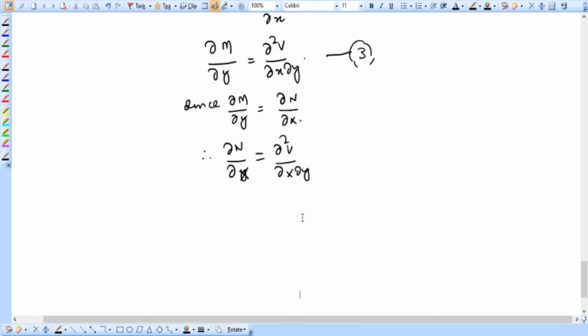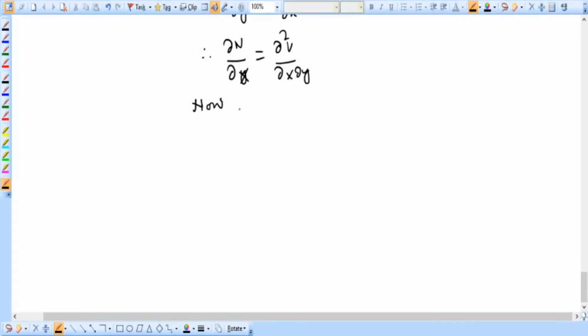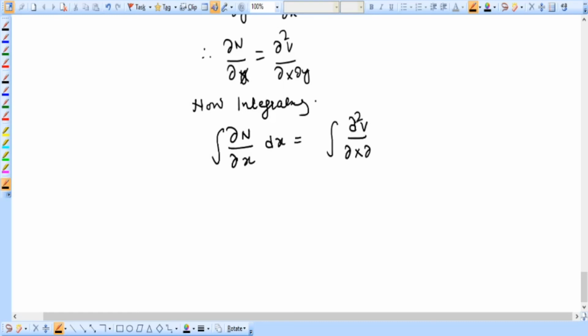So now we want to find out what is n. Integrating, the integration of curly n by curly x dx, the integration of the double derivative of v dx, so it would be n only, and on the right hand side the integration is with respect to x, so you will be left with curly v by curly y, as the differentiation with respect to x would get cancelled, plus a constant.